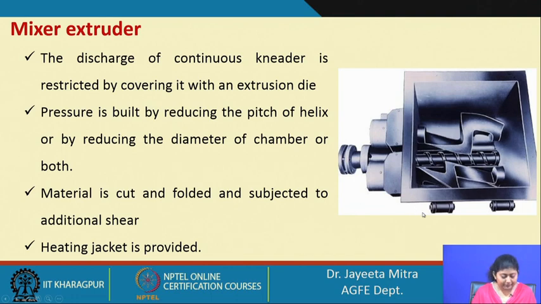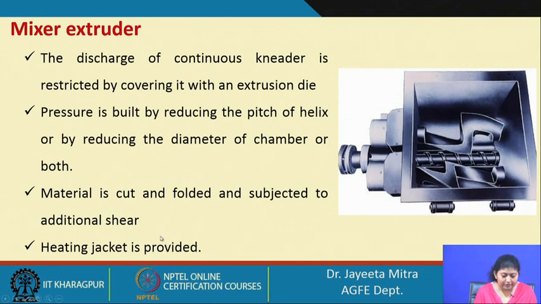around the casing, and if you require some cooking effect, then we can use the heating jacket. In that case it will add some extra heat to the material, so that partial cooking will also be done along with the shearing or mixing action.